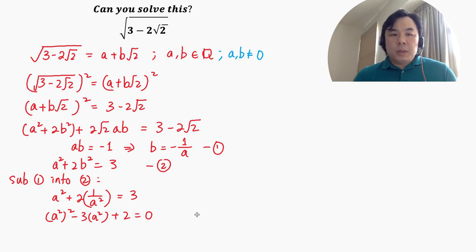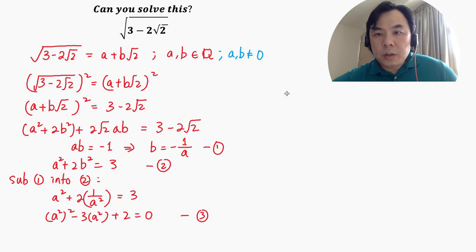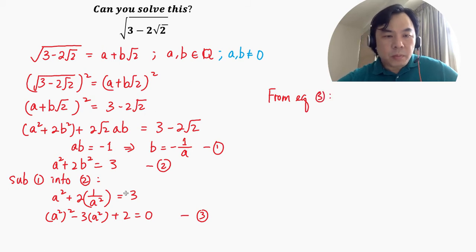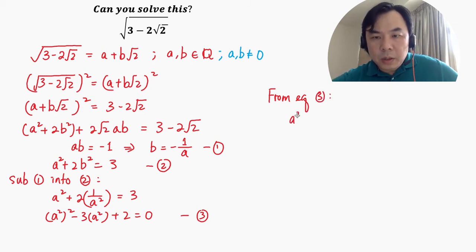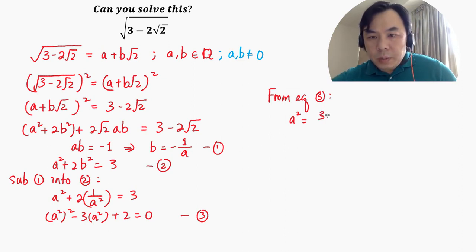Now I hope that's clear. From here onwards, I'm going to write down equation number 3. By applying the quadratic formula, I will get A square equal to 1 divided by 2, times 1 or surd 2. Oops, surd 2 is a 2, sorry.